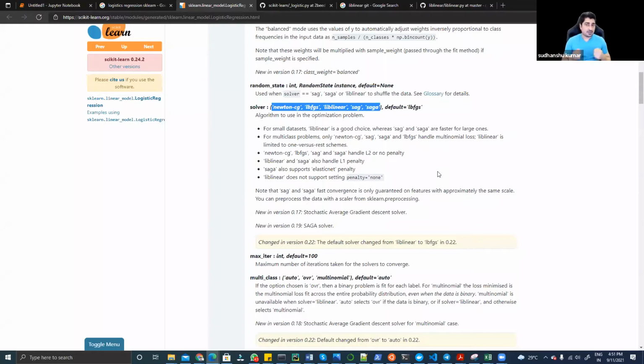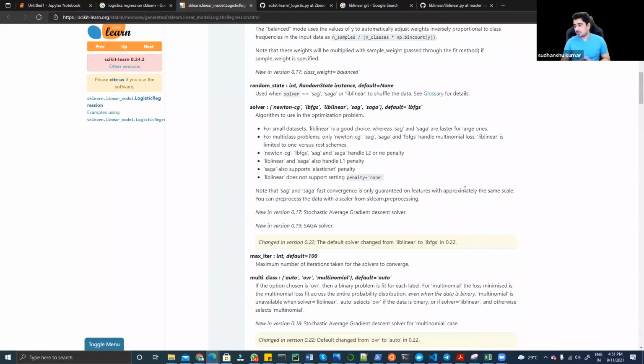When I'm talking about a solver, what is the meaning of a solver over here? It's nothing but a way of optimizing the complete process and the data set. Logistic regression is one of the algorithms, but inside its implementation, multiple algorithms have been accommodated, and everyone uses a different procedure depending upon what we are going to search.